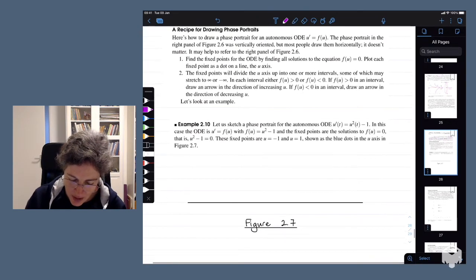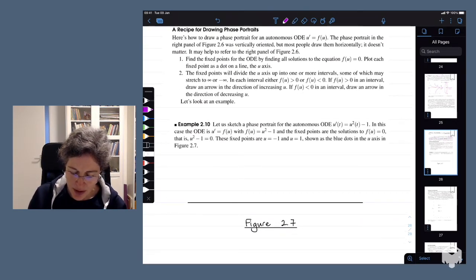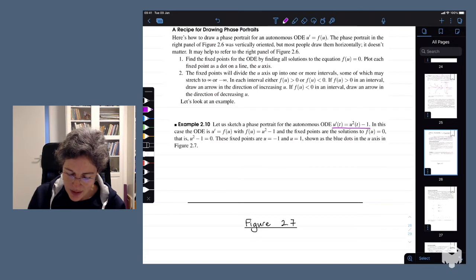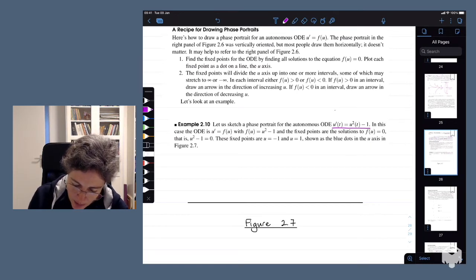All right, so here we have what is claimed to be an autonomous ODE. Let's just check. Is it autonomous? Yes, because we don't have t mentioned explicitly. Could we solve this? That's something for you to think about. If we write this in our autonomous format, what is our f of u?